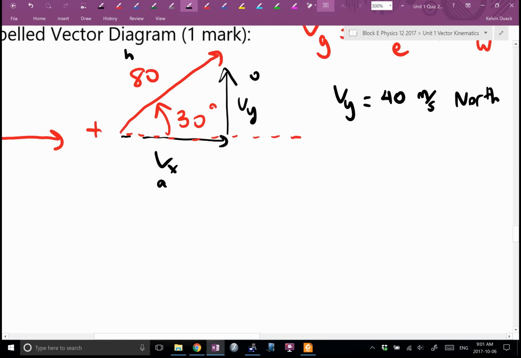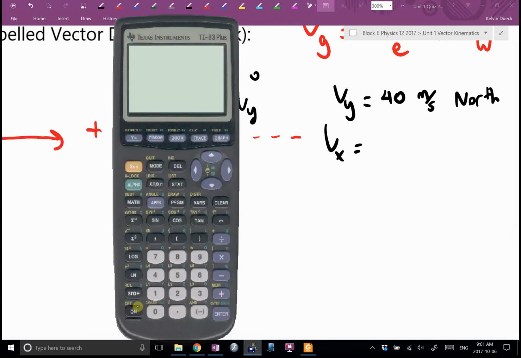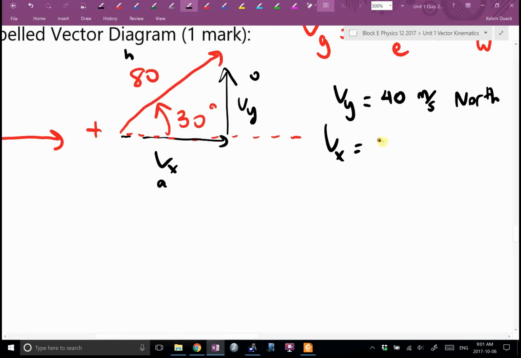I know sine of 30 is a half. Vx ends up being 80 times the cosine of 30. It ends up being 69.282 meters per second east. So now let me zoom back out.